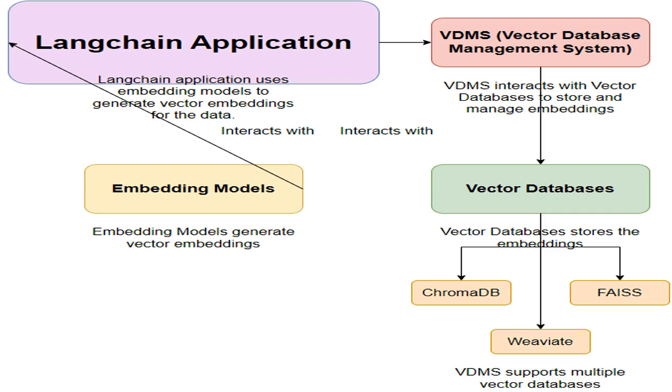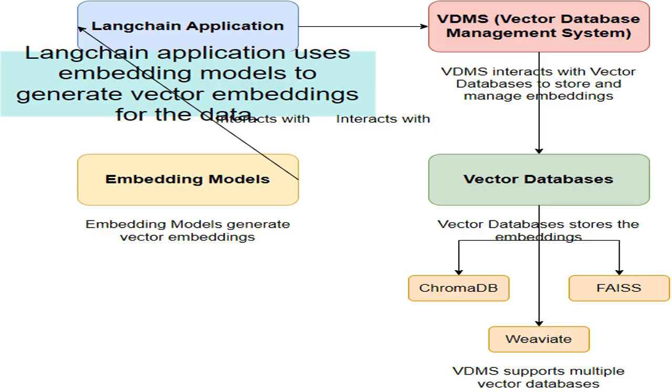It's the combination of different technologies to create a single software. LangChain applications use embedding models to convert text or other data into vector embeddings, enabling similarity searches and semantic understanding. These embeddings are then used to retrieve relevant information and enhance the application's capabilities. It's the secret sauce for making applications smarter.